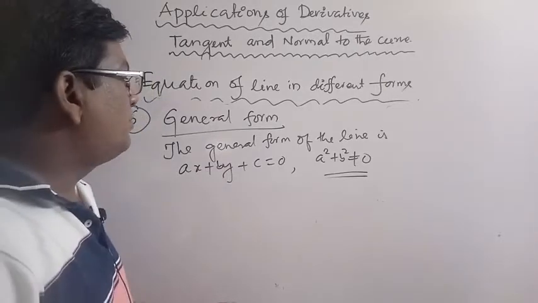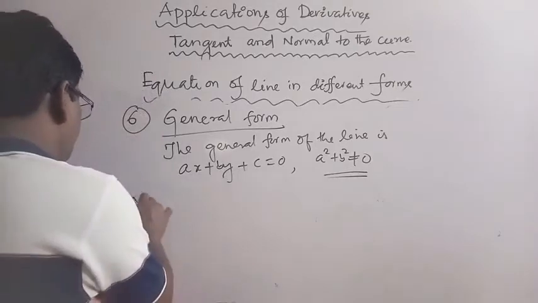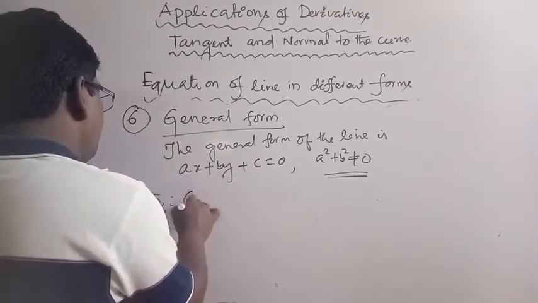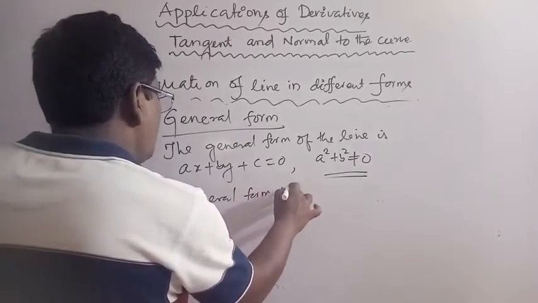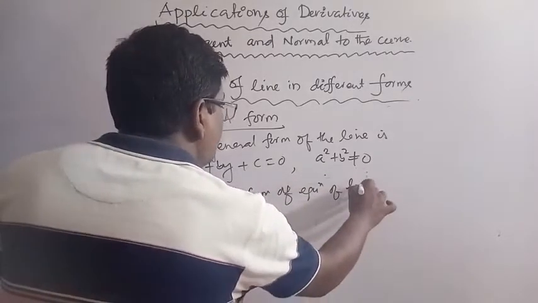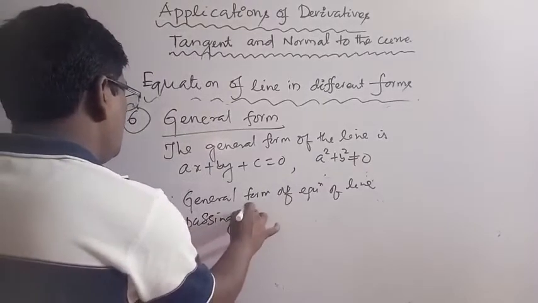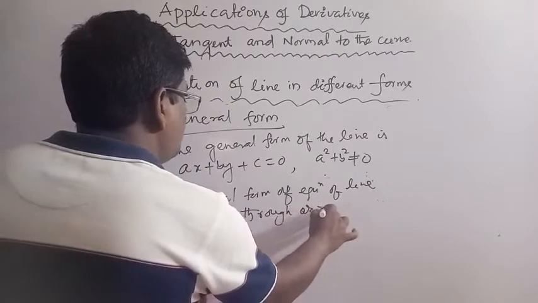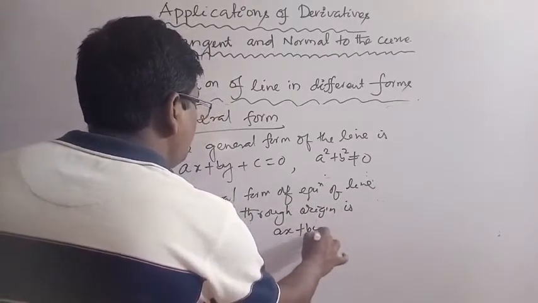Now the general form of the equation of line passing through the origin is ax plus by is equal to 0.